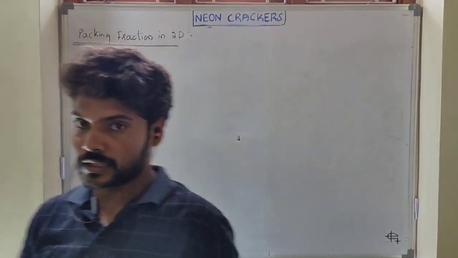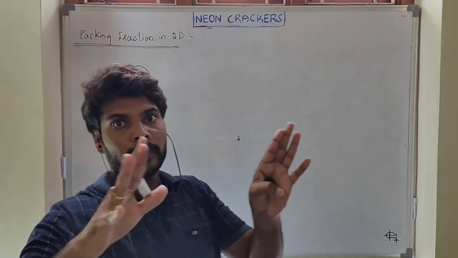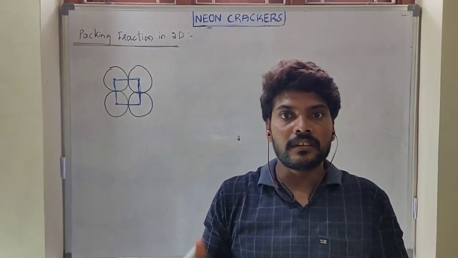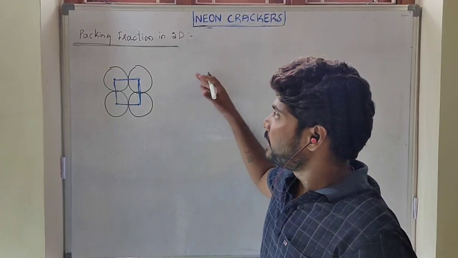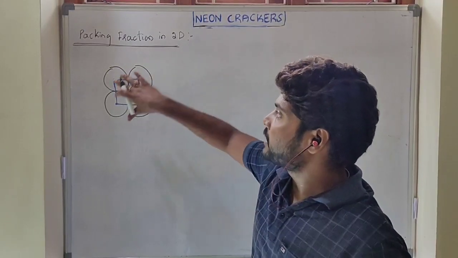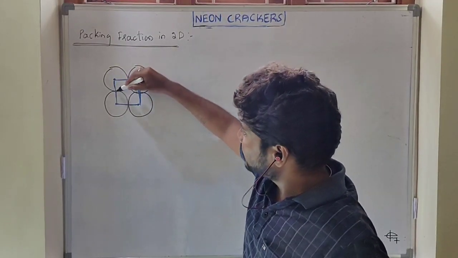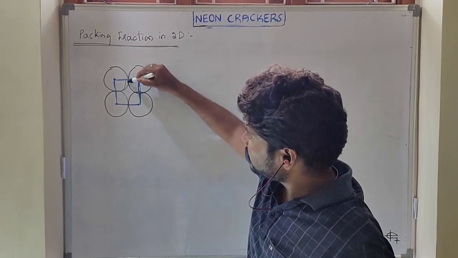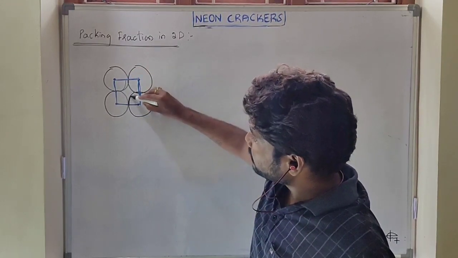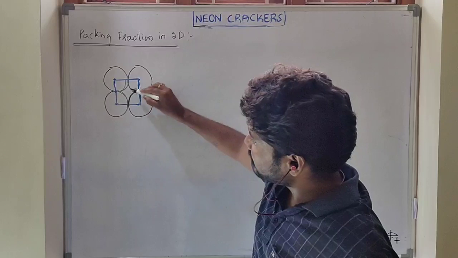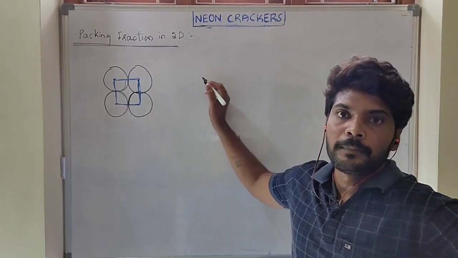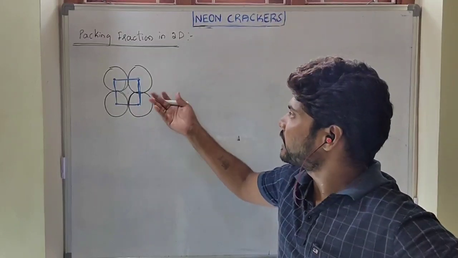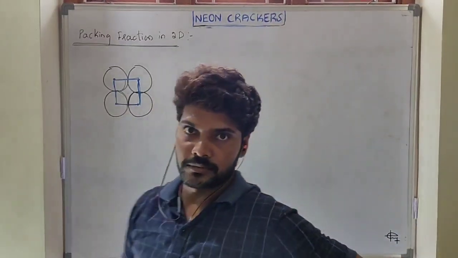In 3D, we have to find the volume occupied by atoms in a given unit cell, but in 2D, we have to find the area occupied by atoms in a given unit cell. Suppose this area is occupied by this atom, this area by this atom, and here this atom. This is a cavity, empty space. So we should not get 100% packing fraction. Of course, it is 70, 80 or 90, we don't know. We have to calculate that, right?